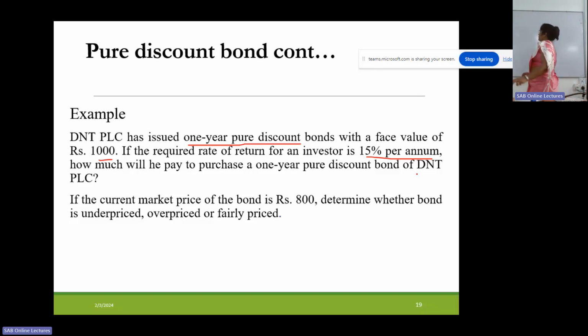So there is no coupon. At the maturity you are getting 1,000. This is 1 year. So then simply, intrinsic value is equal to this.